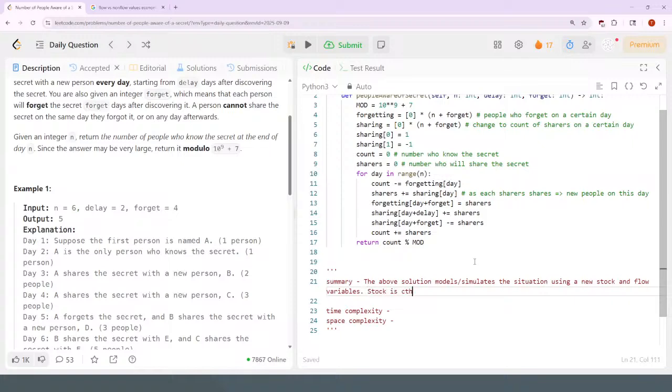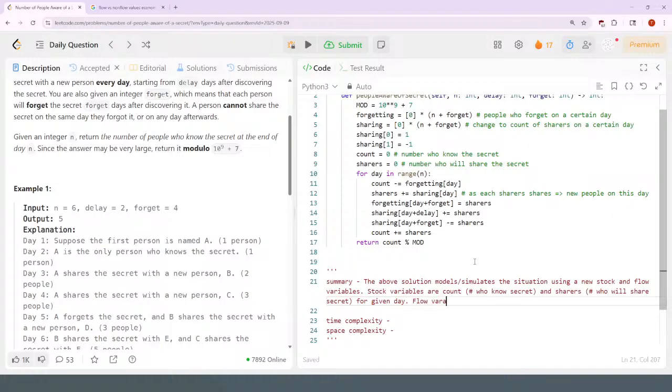The stock variables are count, which is the number who know the secret, and shares, the number who will share the secret for a given day.